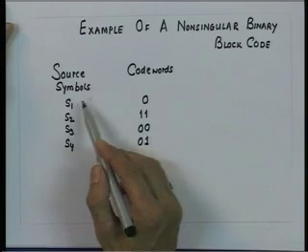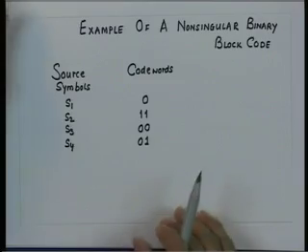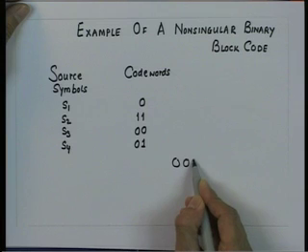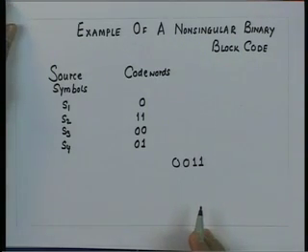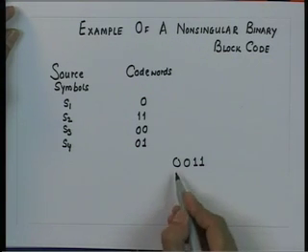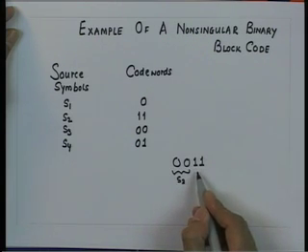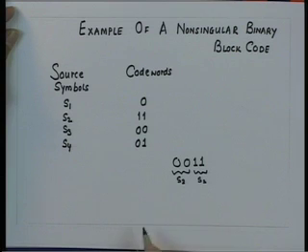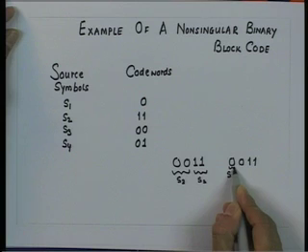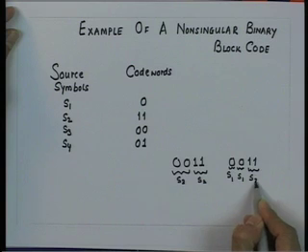But again there is some problem with the design of this code. Take a simple example. If I were to receive a sequence 0 0 1 1, then when I receive this sequence, I can decode it as S3, S2, or I could decode this sequence as S1 followed by S1 followed by S2.